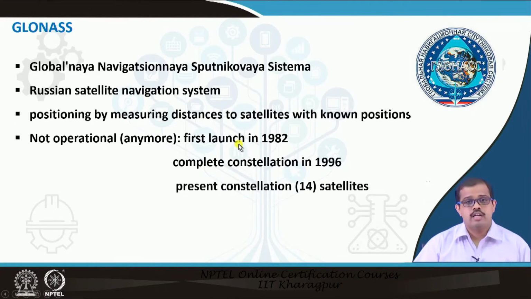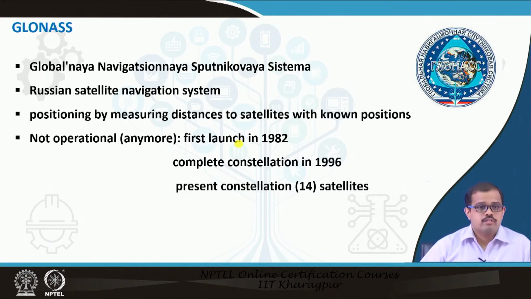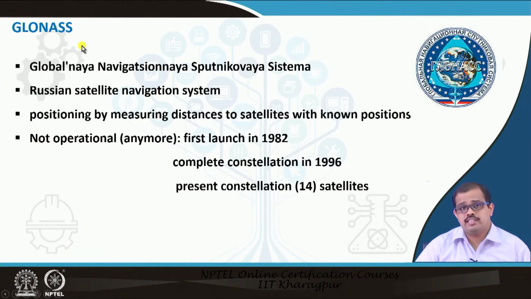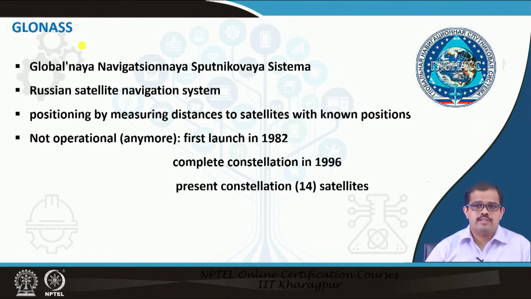When you look at GLONASS, GLONASS is the Global Navigation Satellite System, a Russian satellite navigation system, positioning by the measurement of distance to satellites with known positions. This is how it is correcting the errors. Nowadays it's not operational much.